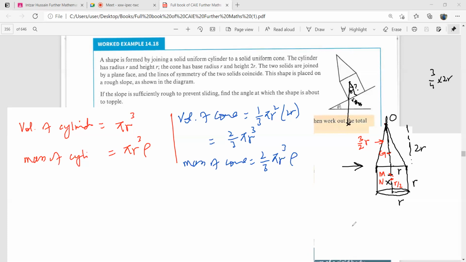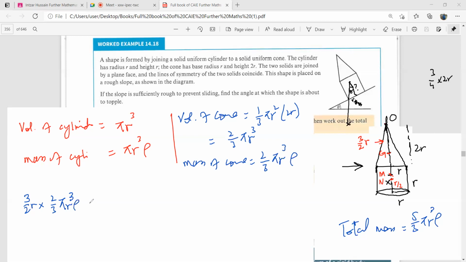And then you should know the total mass as well. The total mass is going to be pi r cube rho plus 2 over 3. Is that going to be 5 over 3? Pi r cube rho. Yes? Okay. Now, this is going to be 3 over 2 r into 2 over 3 pi r cube rho.